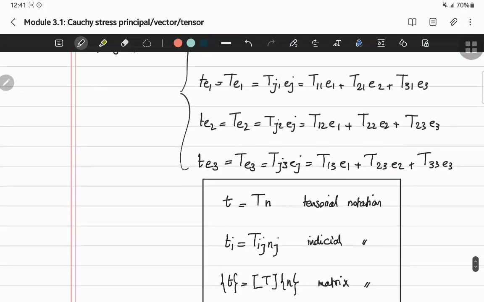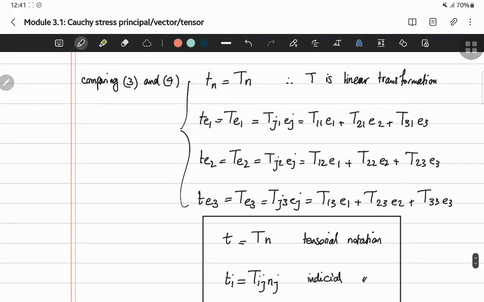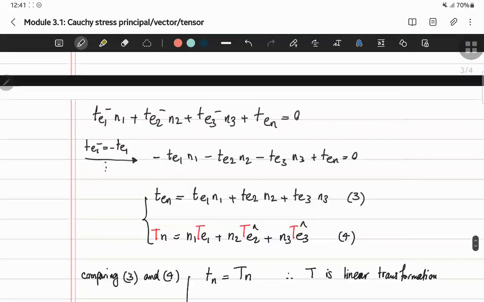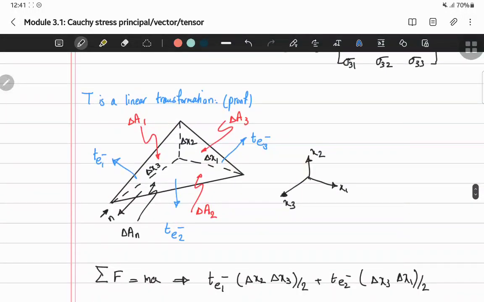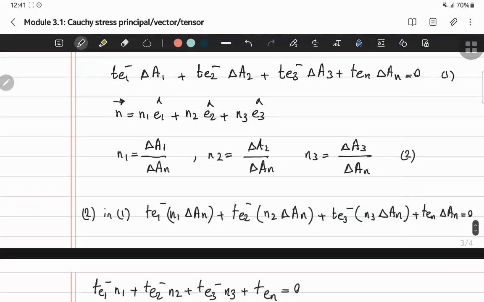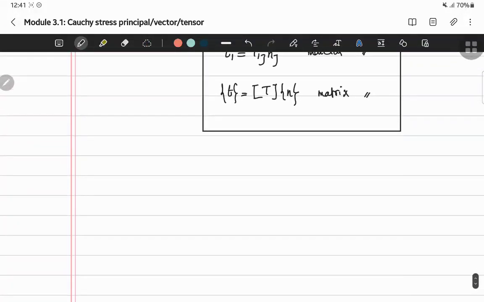And let's talk about different components here for T11, T21, and T31. So let's bring this tetrahedron again in here. So I may draw this once more.